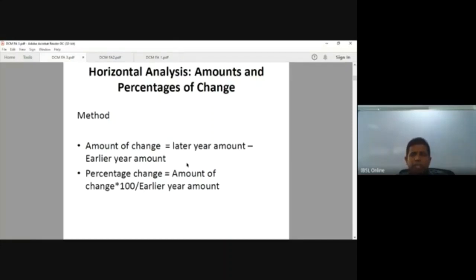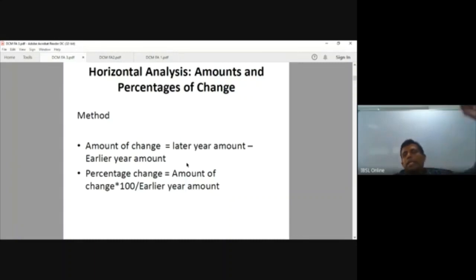We have to take the amount and the percentage of change. Now, how do you calculate? First, you take the amount of change. You take the later year amount and the earlier year amount.